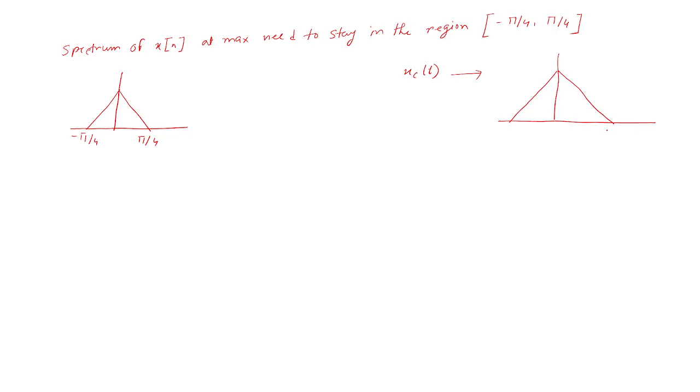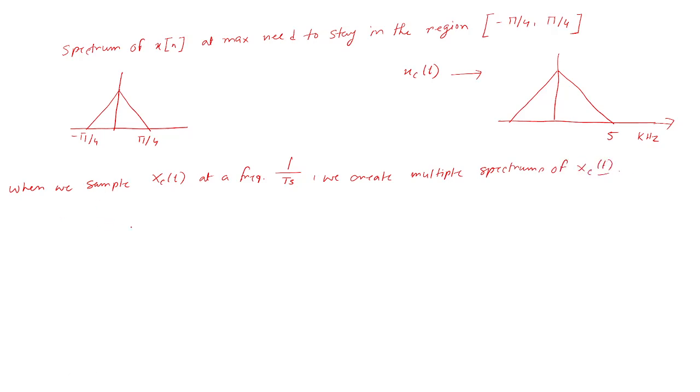which is 5 kilohertz. Okay, now when we sample xct at a frequency 1 over Ts, we create multiple spectrums of xct, something like that we create.